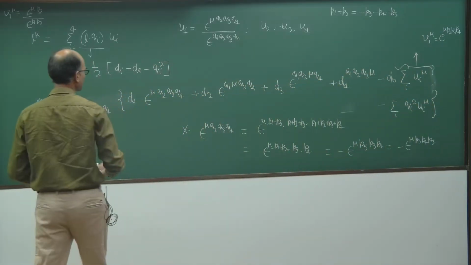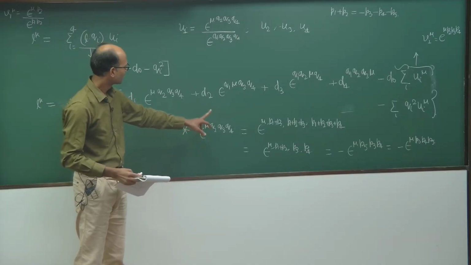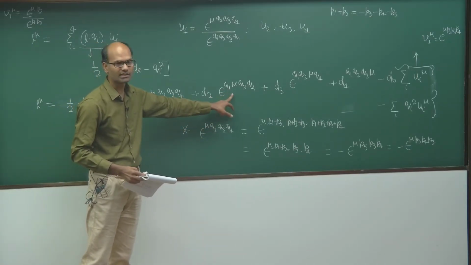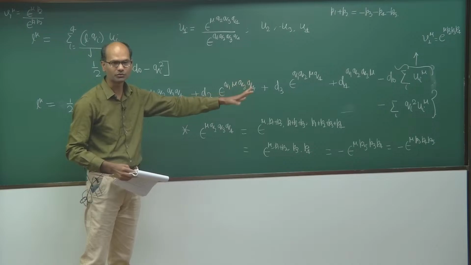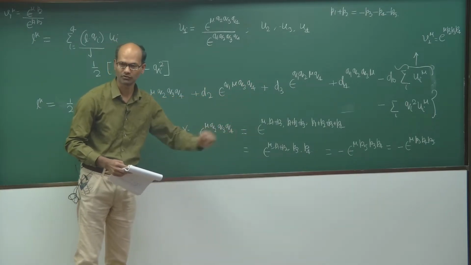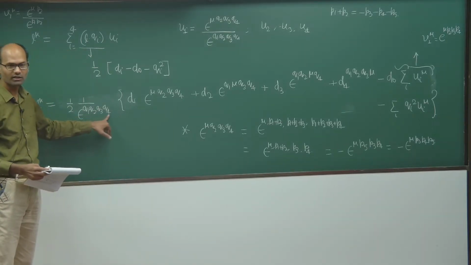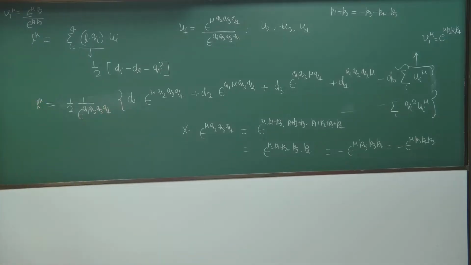Okay. So what I basically want to say is that you can convert all these epsilons which are written in terms of q1, q2, q3 and q4 into something in terms of p1, p2, p3 and p4. For example, this one, epsilon q1, q2, q3, q4, is nothing but epsilon p1, p2, p3, p4 using the same property.